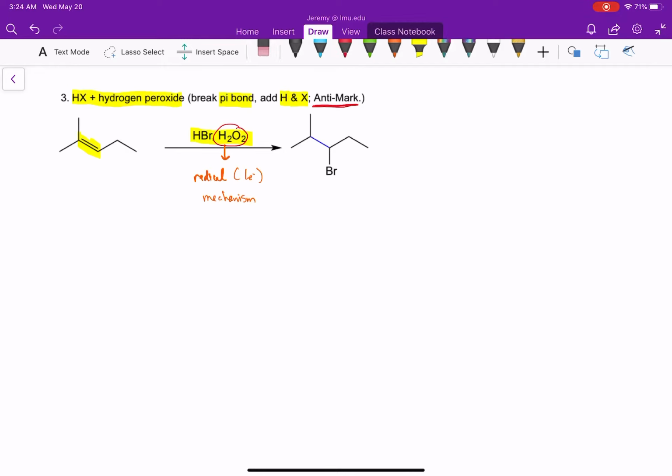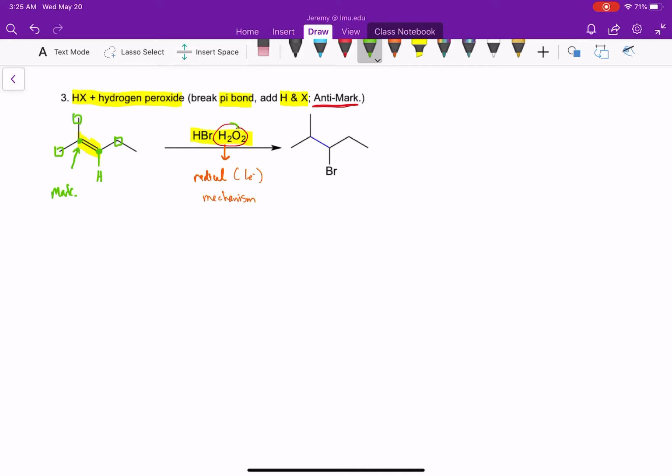It doesn't mean that this reaction is any less important, right? So if we look at our alkene here, here's the two sp2 carbons. The carbon on the left is attached to two carbons. The carbon on the right is attached to a hydrogen and one carbon. So this carbon on the left, that's sort of our Markovnikov position, right? So normally we would add our X to that position.